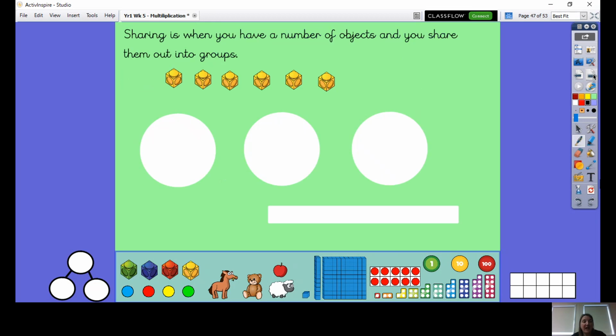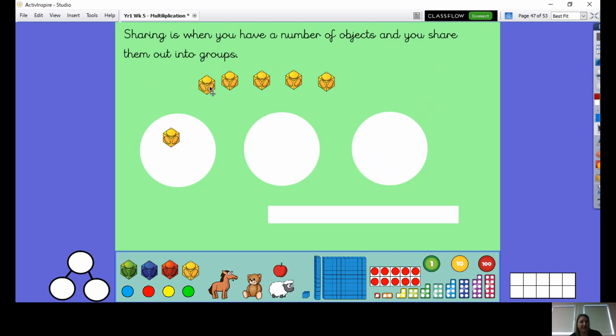Okay, so sharing is when you have a number of objects and you share them out into groups. This time, I've got my groups already and then I'm sharing them out. I'm going 1 in there, 1 in there, 1 in there, and go back to the beginning again, sharing out.